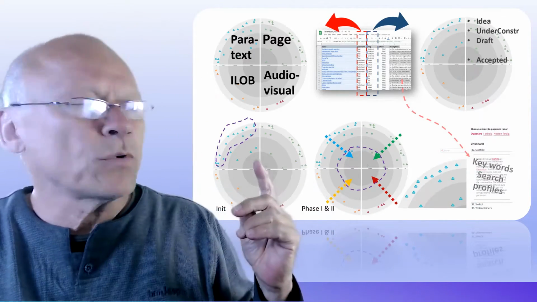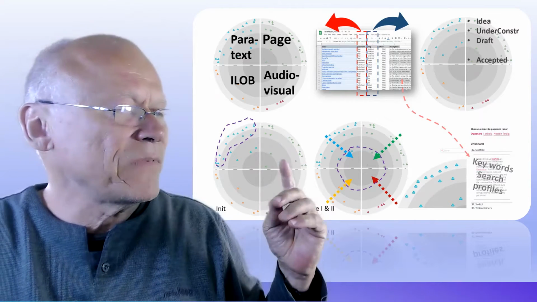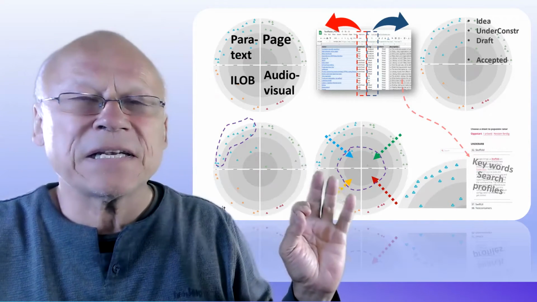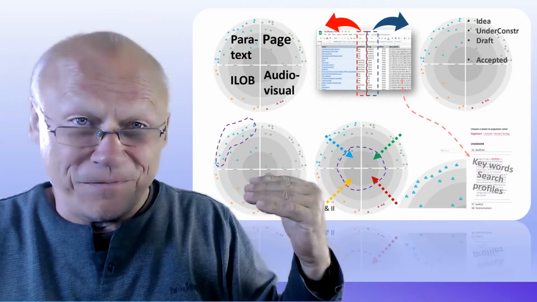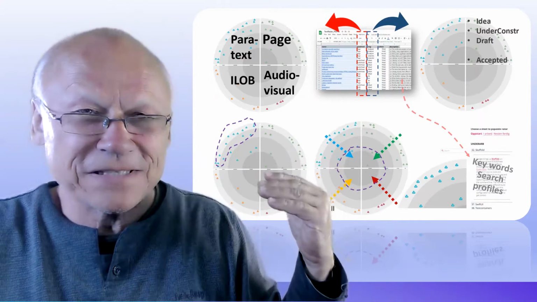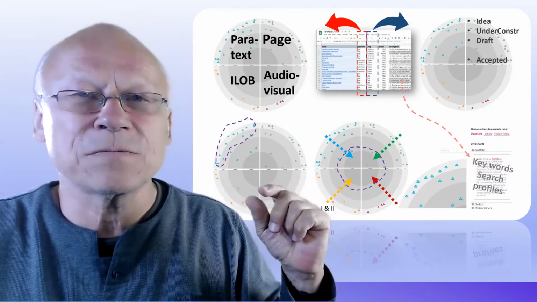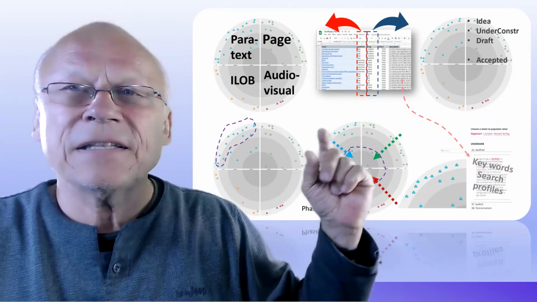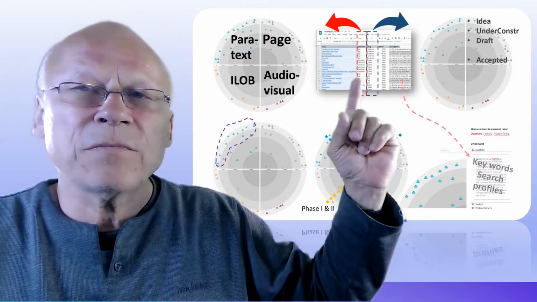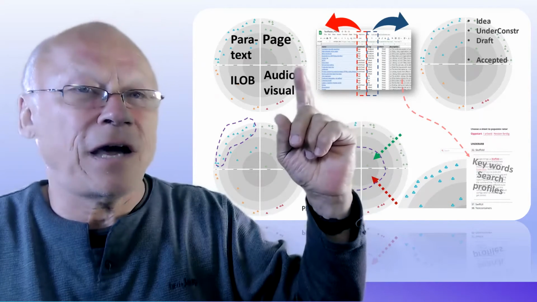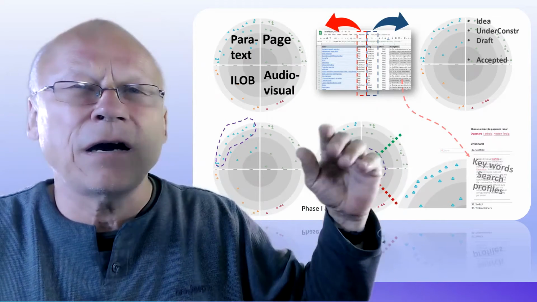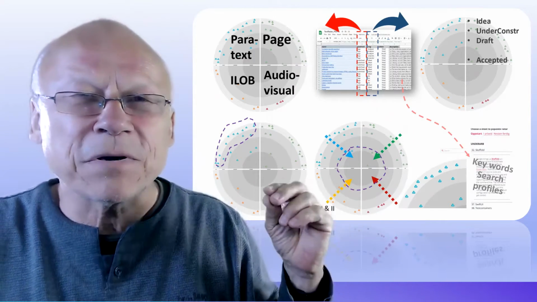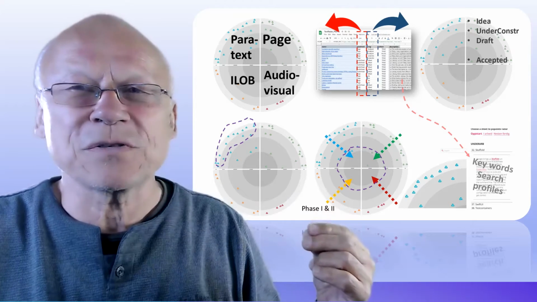And so when we work with this, we start in the outer rim, we designate an entry in the spreadsheet, where each line represents a small chunk, a small piece of text. In this column, we describe the type of the text, and here the status. How far has that particular piece of text come in the production process?